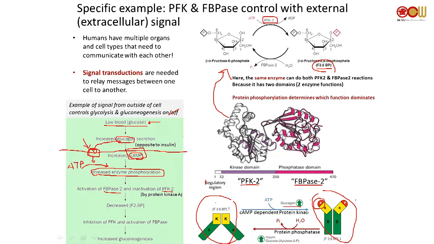So it's going to translate that into cyclic AMP. Cyclic AMP is going to say, oh, let's do kinase, okay? So kinase then phosphorylates your protein, and in this phosphorylated version of this protein, it's going to have the FBPase activity and not the kinase activity.